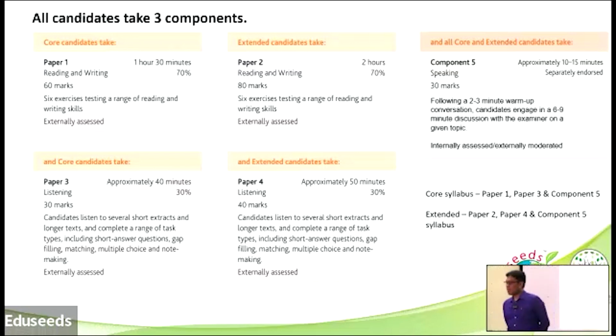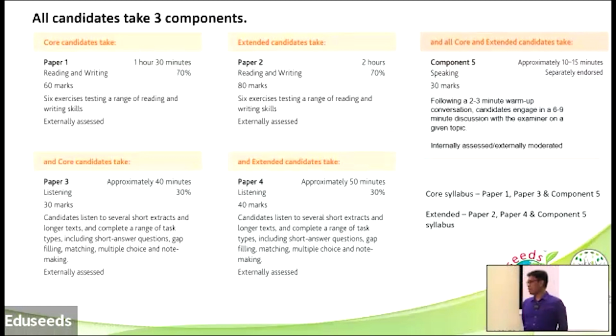The marks for this are recorded separately. It takes approximately 10 to 15 minutes overall time, of which 6 to 9 minutes are your assessed time. This follows the 2 to 3 minute warm-up conversation, and the examiner will discuss a variety of topics that he will choose.